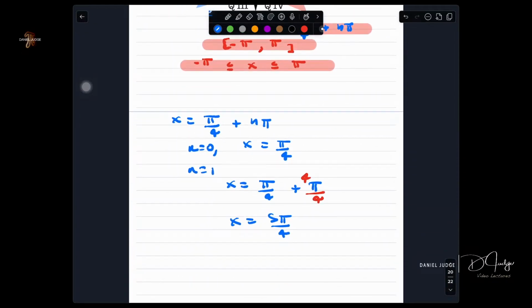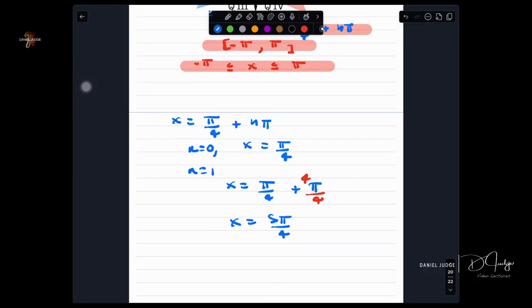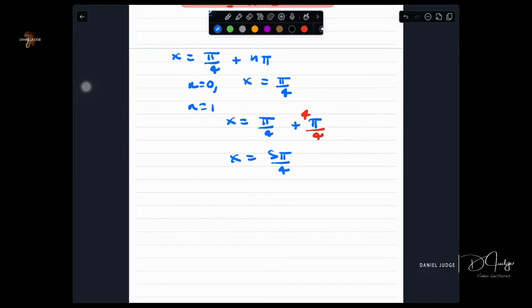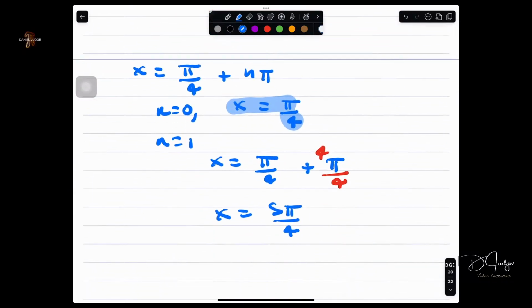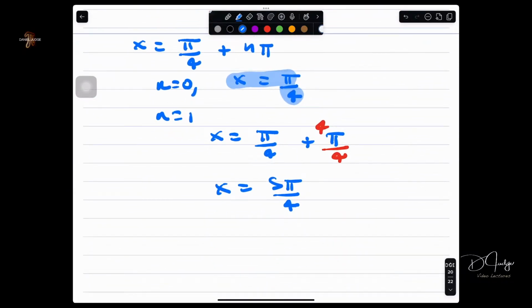That doesn't look like that's going to work out for us because this is outside the interval. So any other values, if we use n as 0, n as 1, they're not going to... n as 0 gives us a critical value solution that's in the interval from negative pi to pi. But starting at 1 and beyond, we cannot use this.